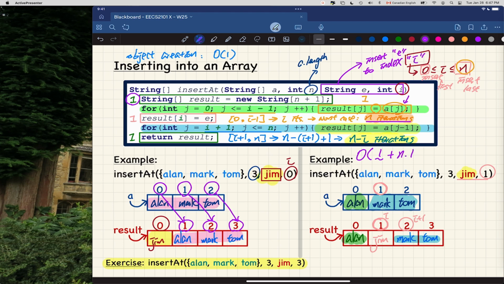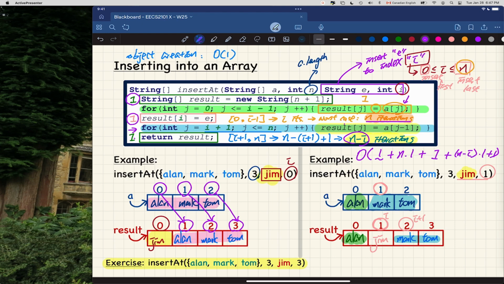N times 1. Plus, here we got this 1 here, right? Plus, the second for loop, the number of iterations n minus I. So we got n minus I, and then times 1 over here. And then finally, we got 1. Right, like that.